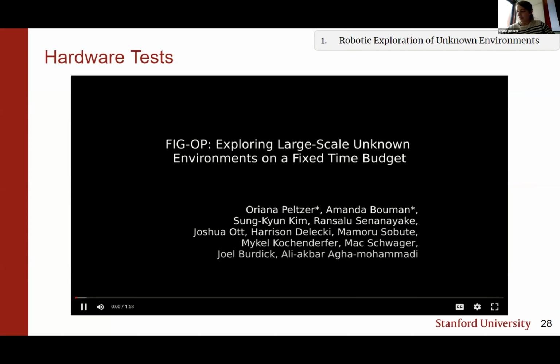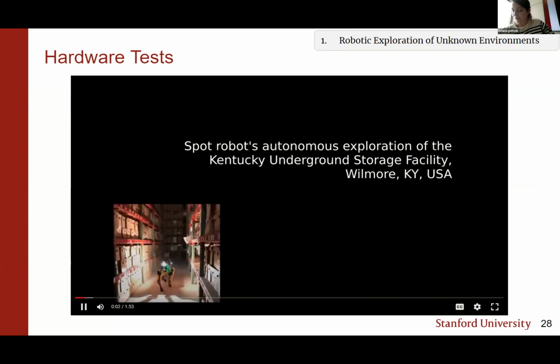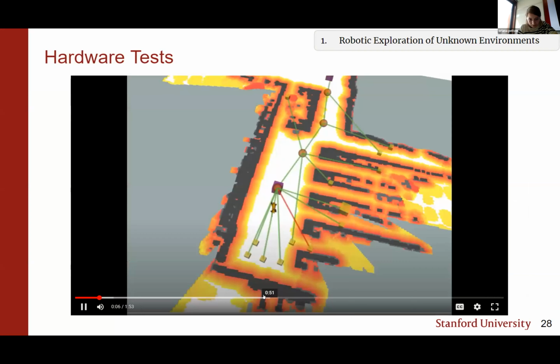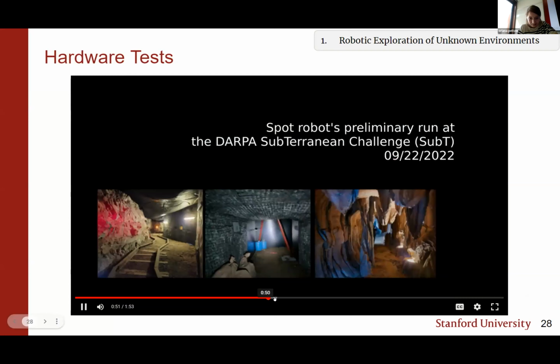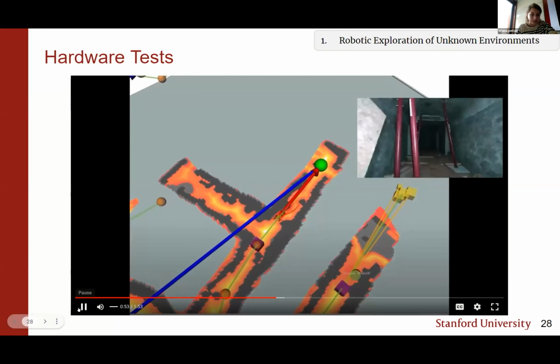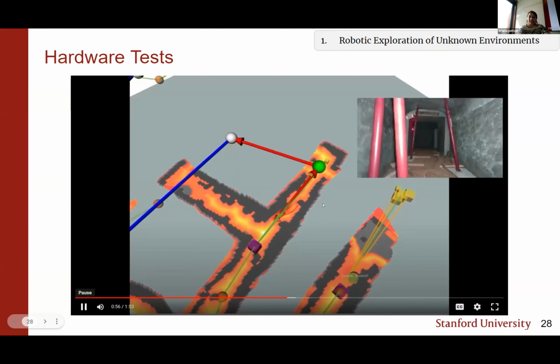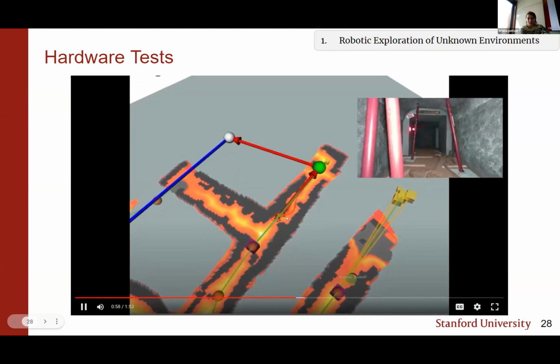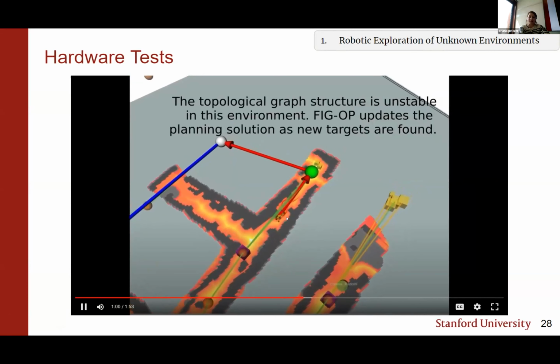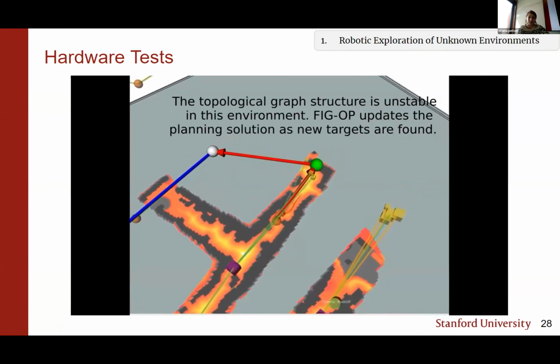I'm going to go a little more quickly on the hardware tests. One of the things I want to show is what happened in the DARPA challenge. The area was really difficult to explore, and we stress tested the robust perception system. You can see how brittle the representation of the environment was as it explored.